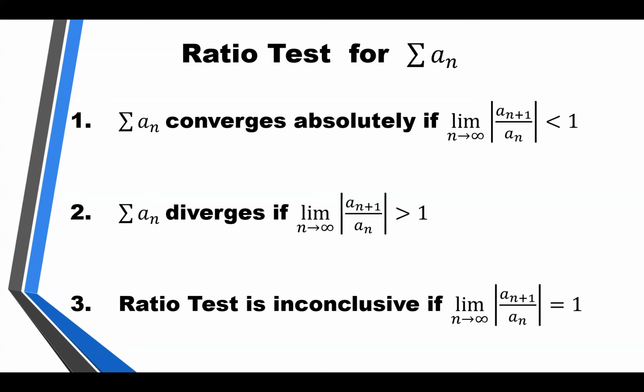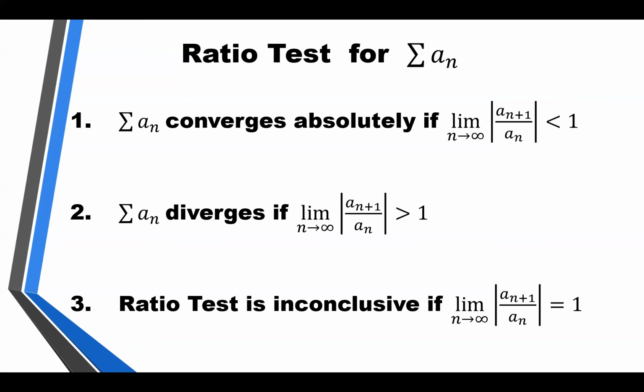Now, the terms are always going to be an absolute value. Most of the time we will be dealing with positive terms, but we could have some negative terms, so that's why they use those absolute values. So the limit of term a sub n plus 1 divided by a sub n, if it's less than 1, then the series converges absolutely.